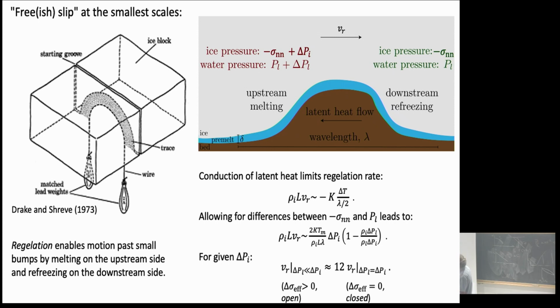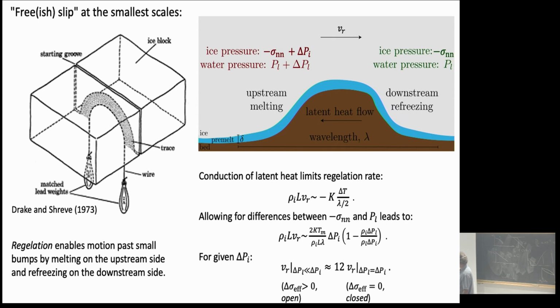But if we have a case where the ice pressure is allowed to change differently from how the water pressure changes across here, so for example, if this were a porous medium and the water was able to squirt through the porous medium much more easily than just through this little film here, then we could imagine that the water pressure on both sides of this obstacle could be almost the same. There could be almost no water pressure jump, but there still is an ice pressure jump going from upstream to downstream. And we can do a scaling argument for how fast we can move the ice from this side to that side for a given driving stress.